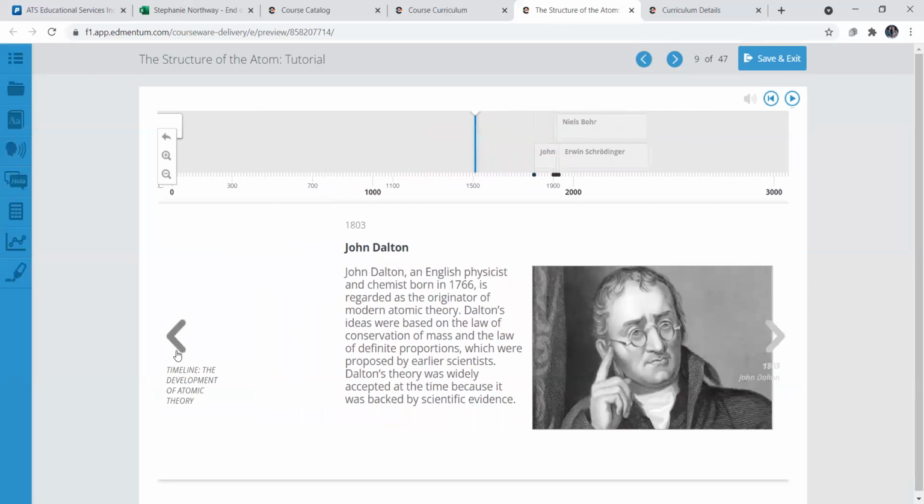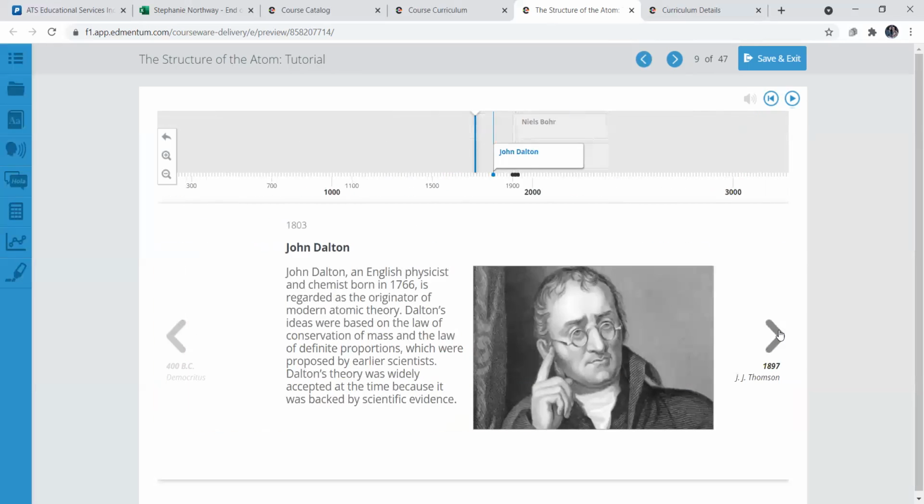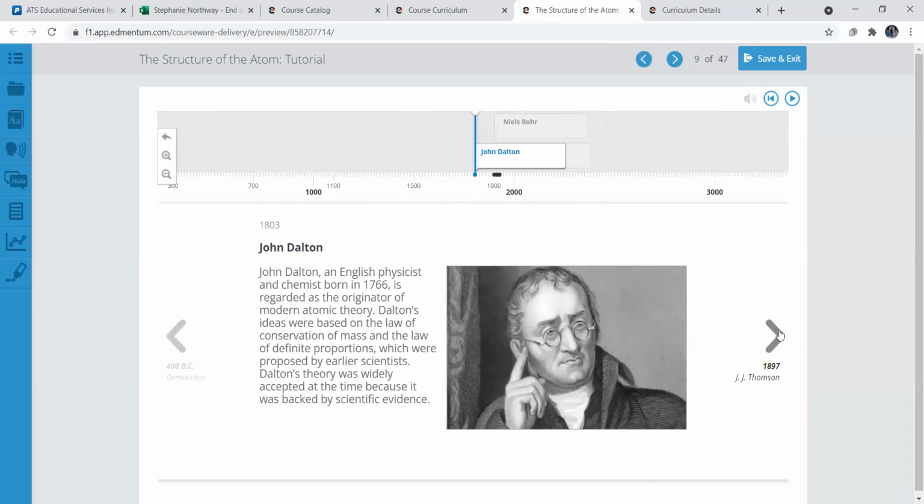So first, 400 BC, it starts. He's talking about the theory of atoms here, and he's arguing again that things could be broken down. And then John Dalton, thousands of years later, is talking about the modern atomic theory, and here, the law of conservation of mass.